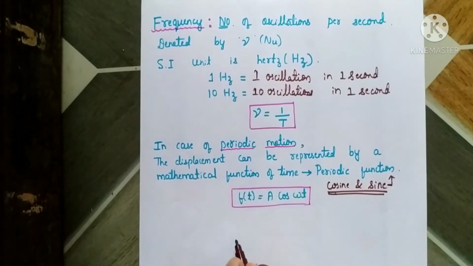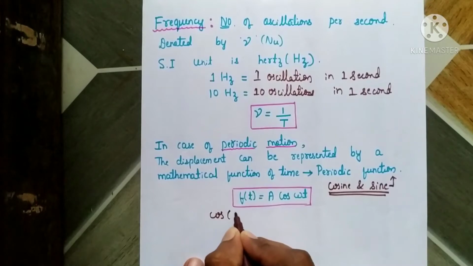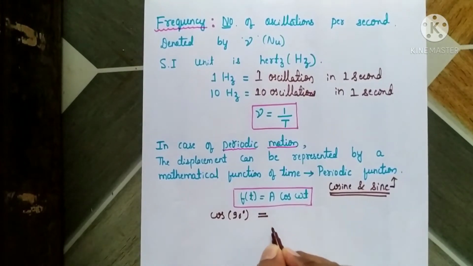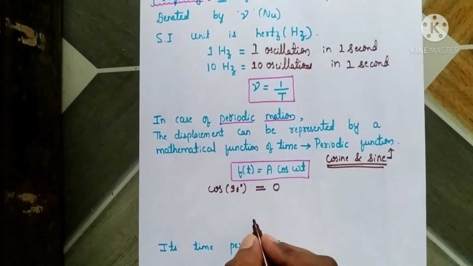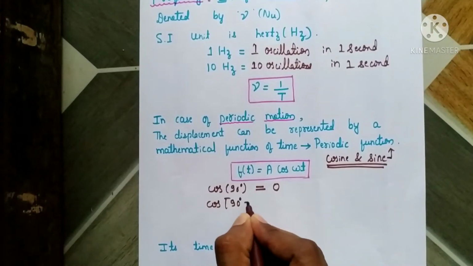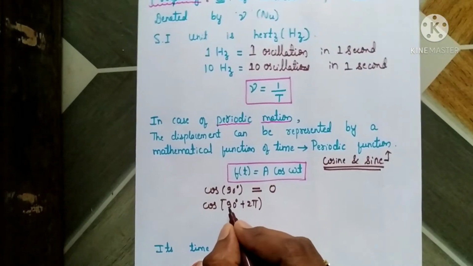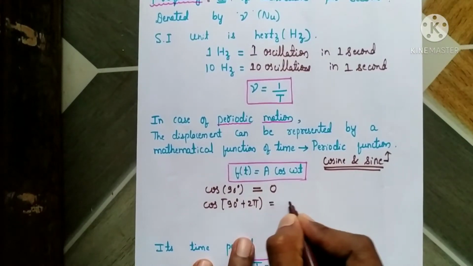If I take the cos function, the value of cos 90 is 0. In the same way, I will take cos of 90 plus 2 pi, and now I have to find its value.